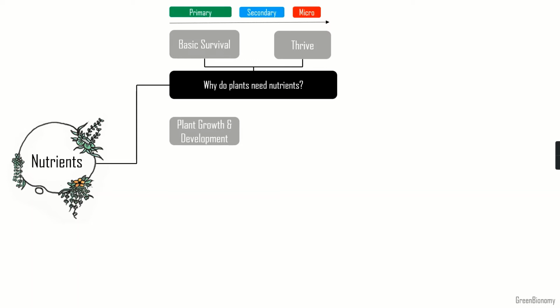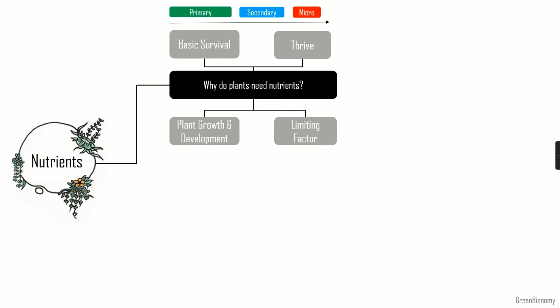Now, the element that is in the shortest supply, so the one that the plant has the least access to every day, will be the one stopping the plant growth and impairing its development, especially for essential nutrients like in the primary and secondary categories. So this element that is in the shortest supply is what you call the limiting factor.